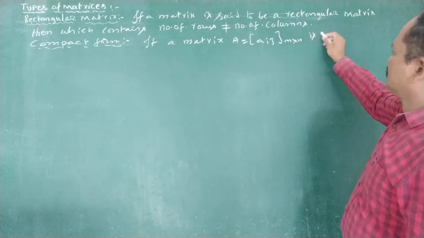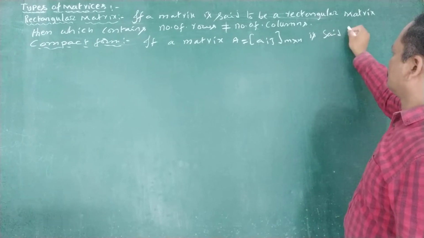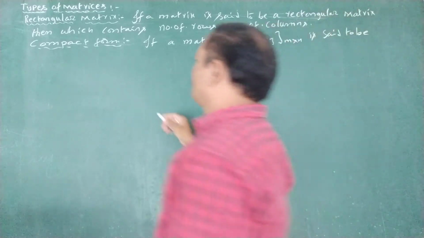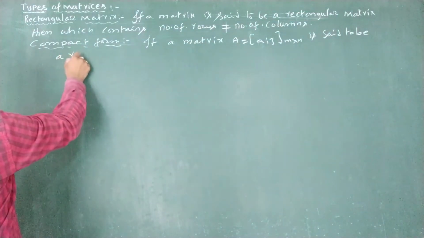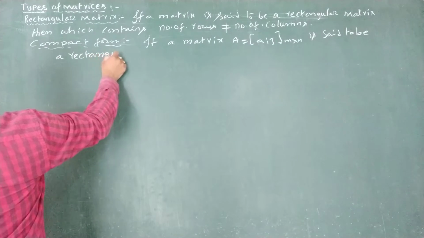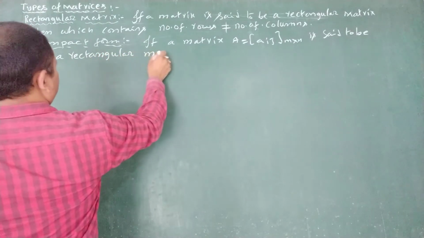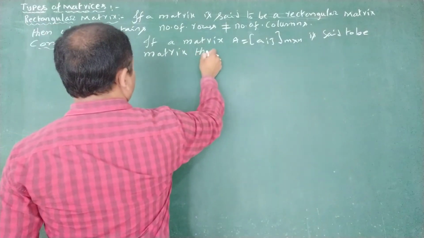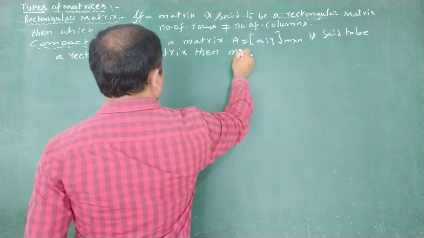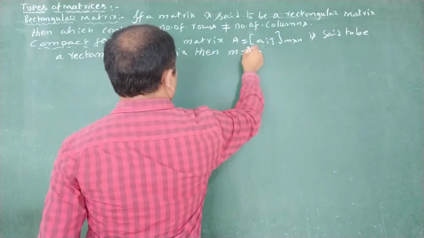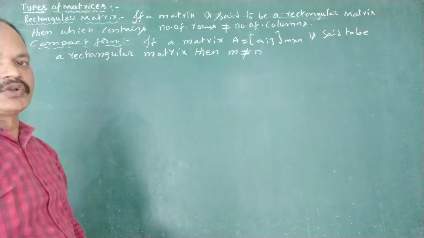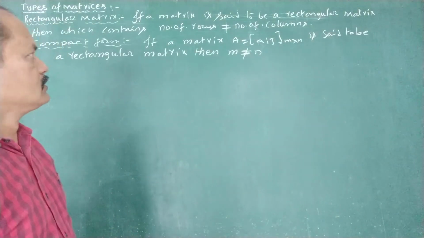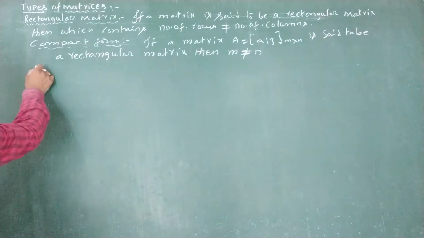If it is said to be a rectangular matrix, then m is not equal to n, since m represents the number of rows and n represents the number of columns. Now, examples.